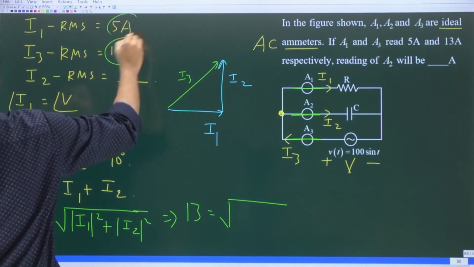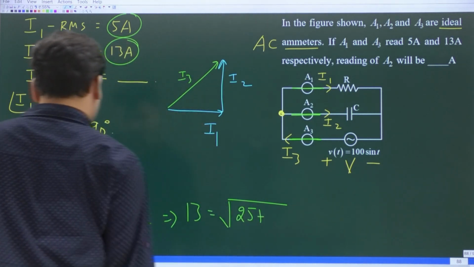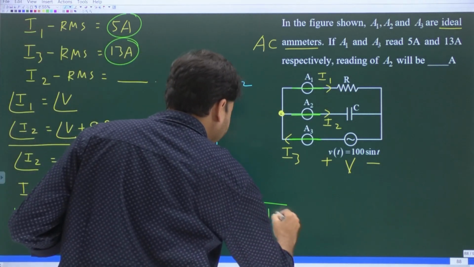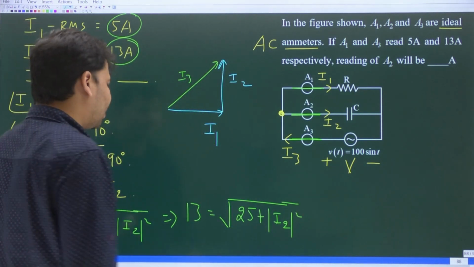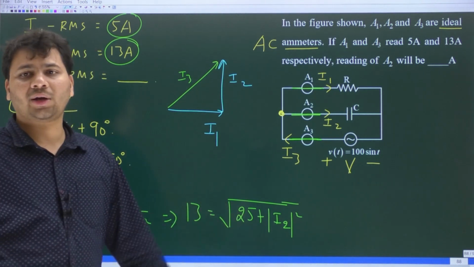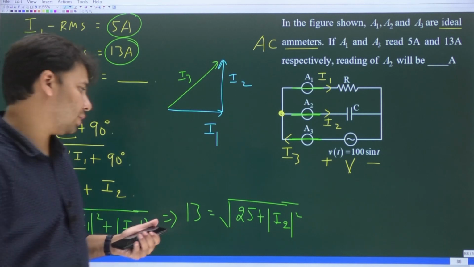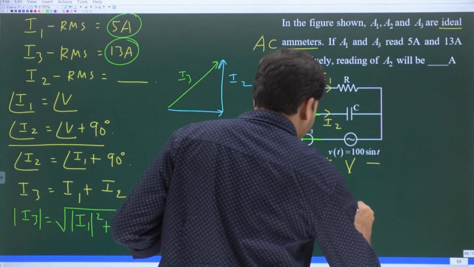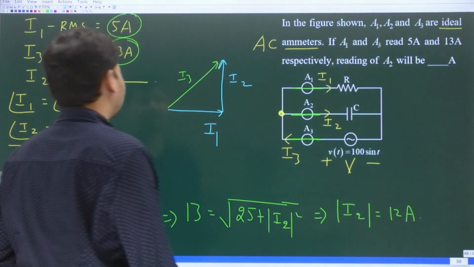I1 RMS is what? 5. So mod I1 squared, would it not be 25? Yes. And then we have mod I2 squared. That's all. If you square it on both the sides, 13 square is what? 169. 169 minus 25 is what? 144. Square root of 144 is what? 12. So what is mod I2? It is 12 amperes. That's all.